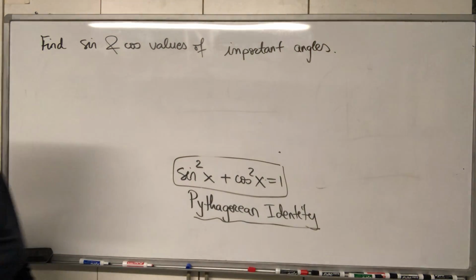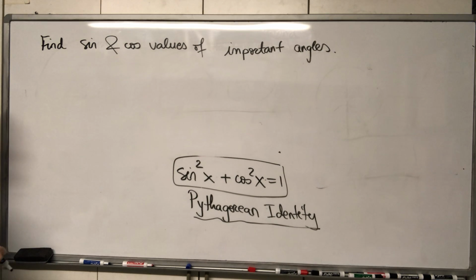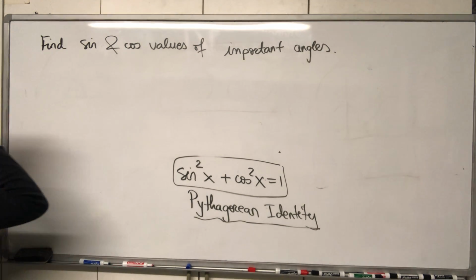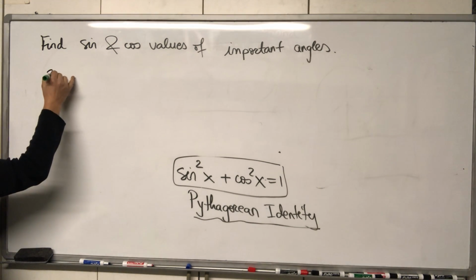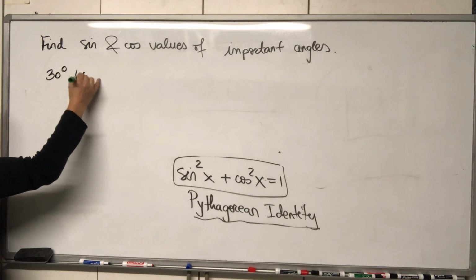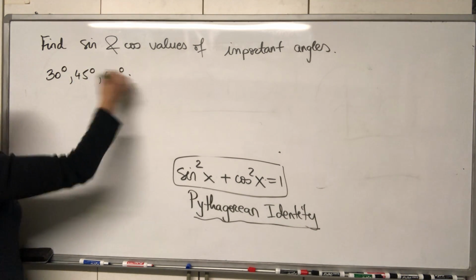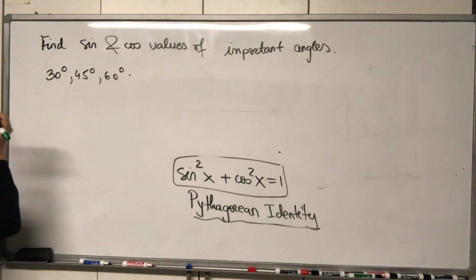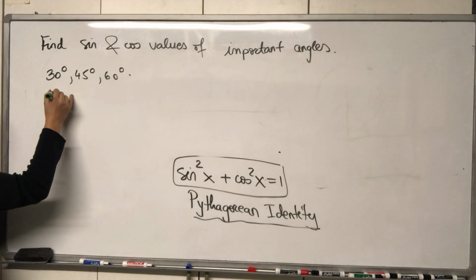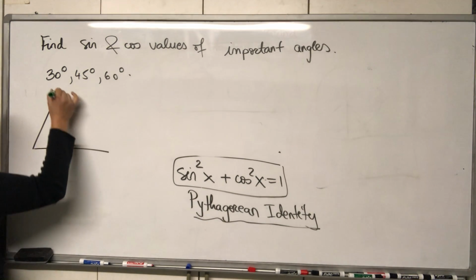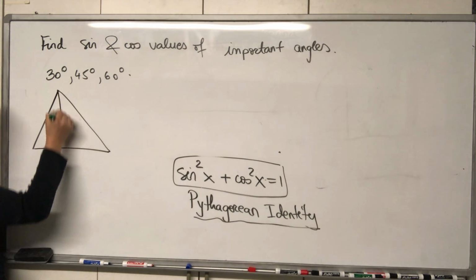Okay, and what are the important angles? Well, the easiest angles we can find these sine and cosine values for are the 30 degrees, 45, and 60 degrees angles. And I can show you where a 30 degree angle and a 60 degree angle come from, fine, I'll show you.